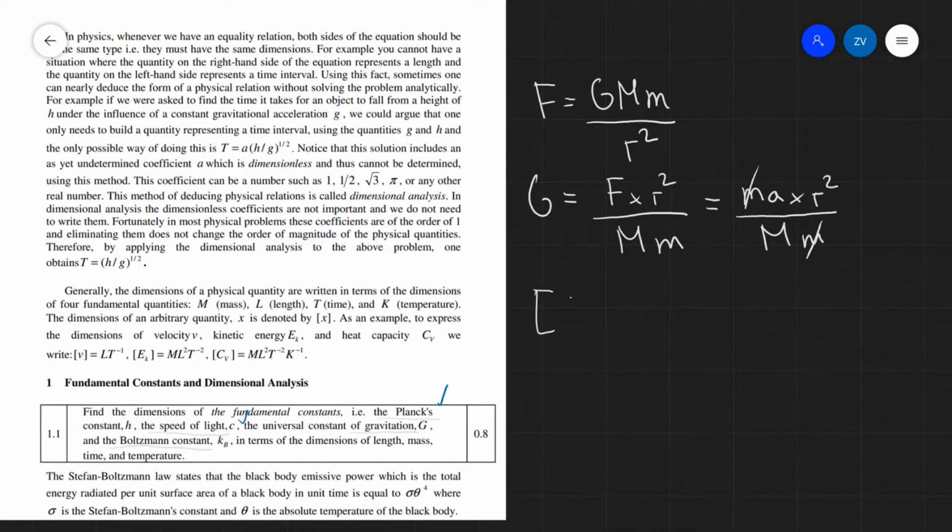The dimensions of G are going to be equal to acceleration.